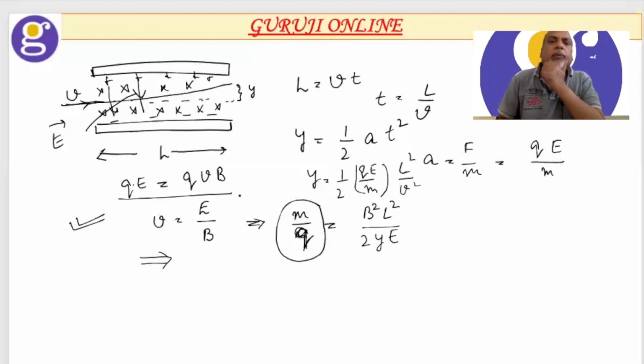You can have problems also in the exam like this, having the electron passing through two plates, having some kind of deflection. You may have to find out the value of deflection. Like that, these questions can come. At least you must be aware when the cross fields are there, how the forces are acting on the electron.